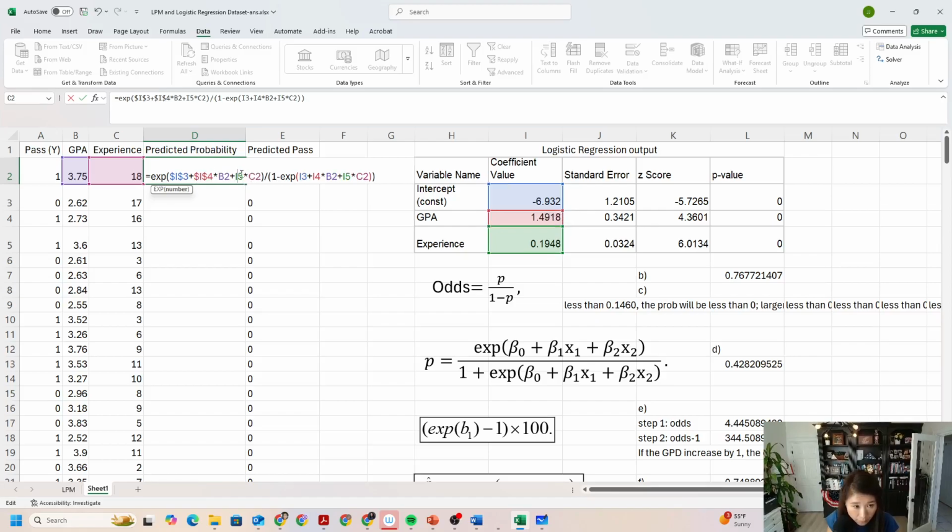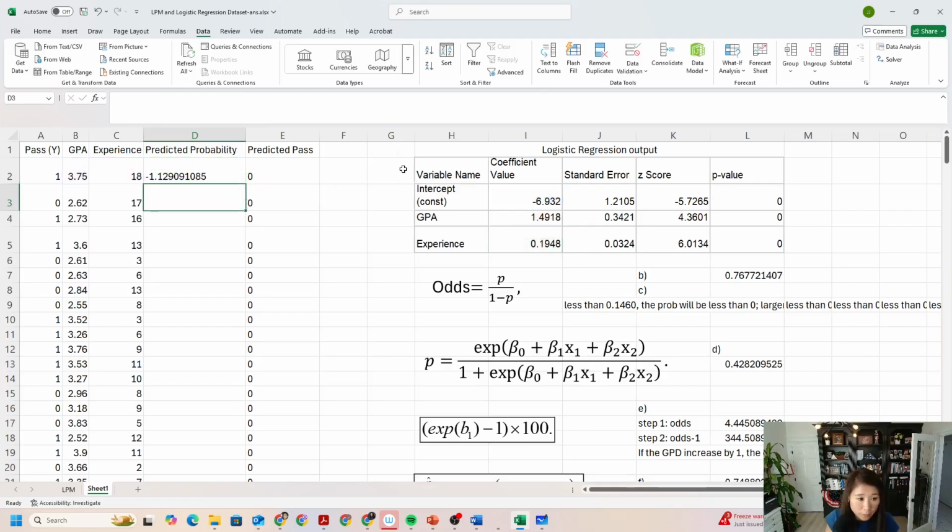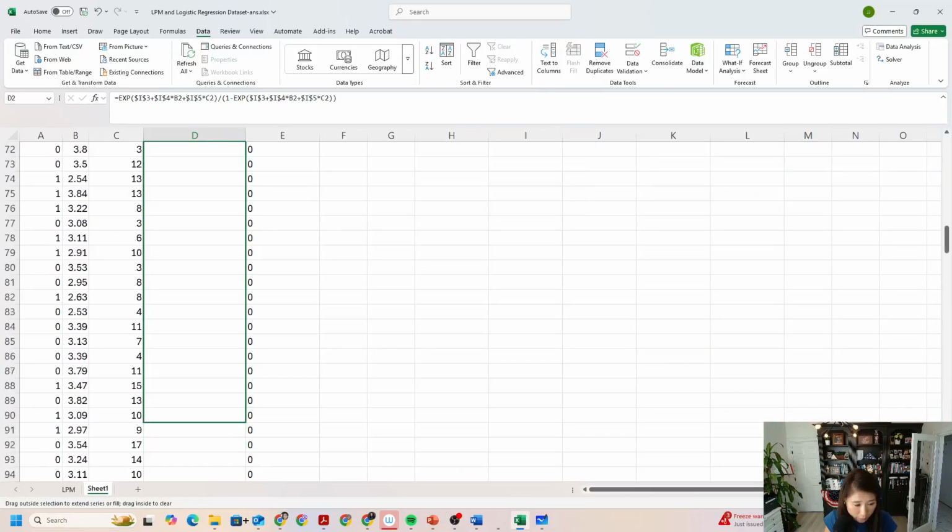The same here, and also don't forget your denominator. After I do that, I can push enter because I already locked the beta 0, beta 1, beta 2 cells. Then I click this, move the mouse to the right down corner, and drag it down.